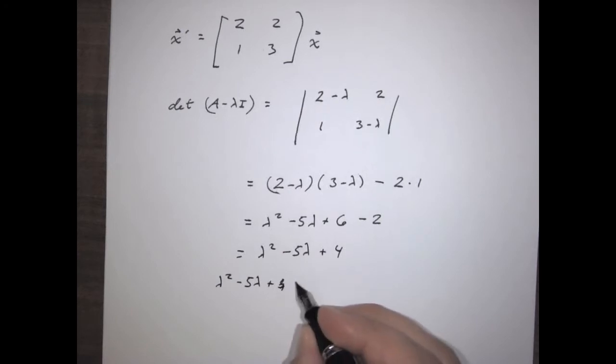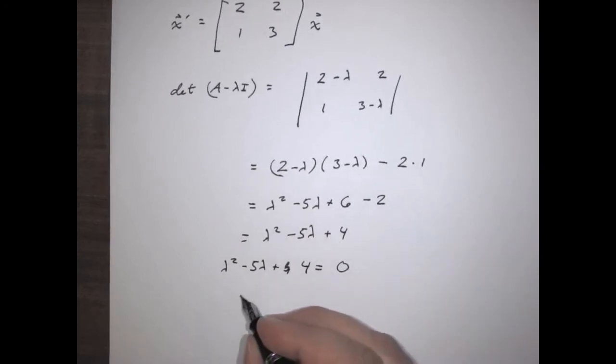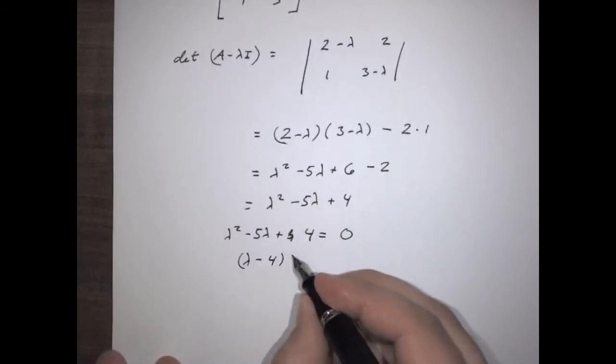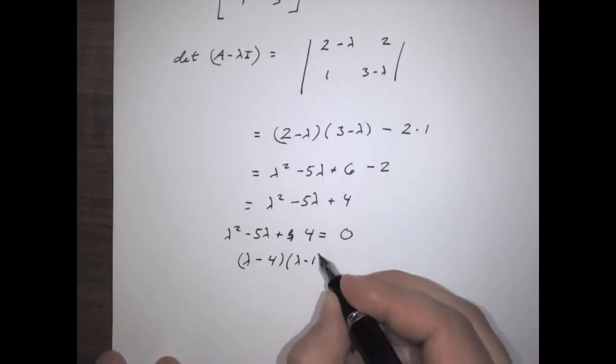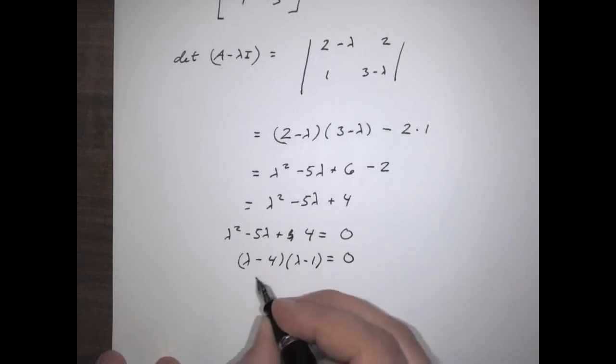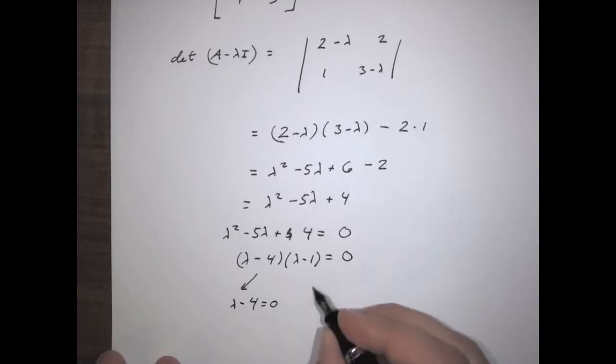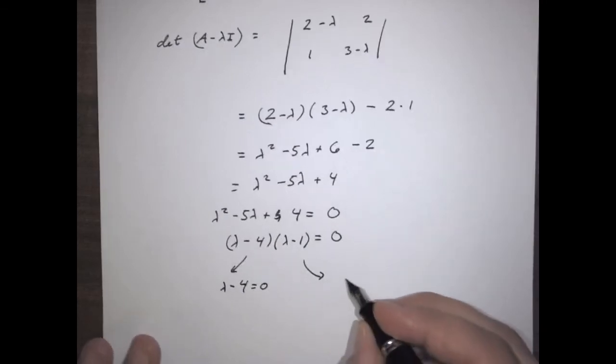And then you can factor that, so that's going to be lambda minus 4, lambda minus 1, which gives us lambda minus 4 equals 0, lambda minus 1 equals 0.